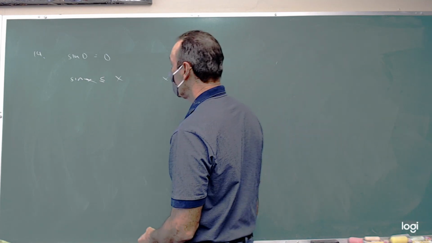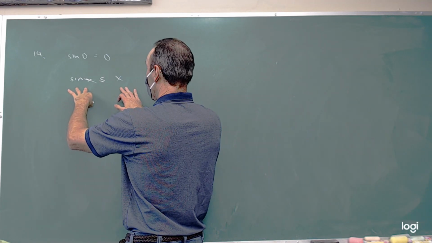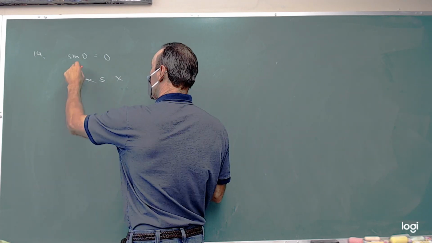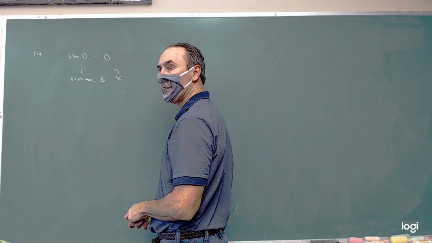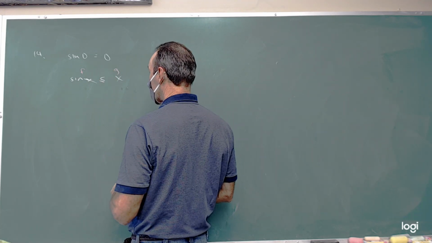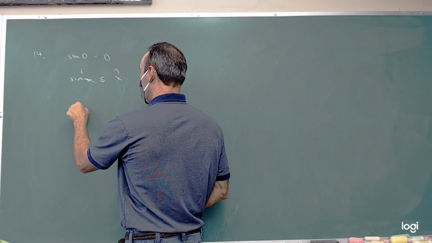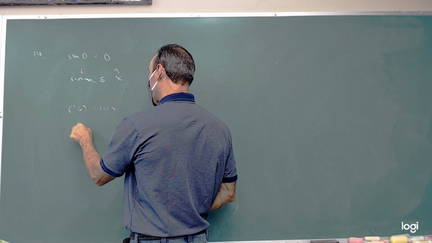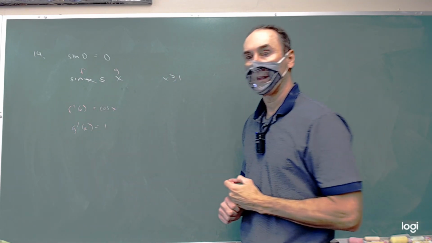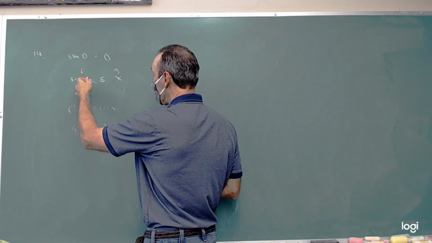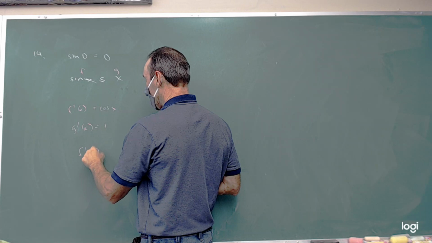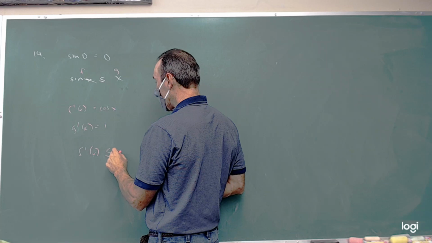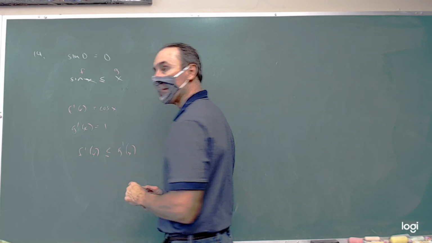Okay. So the idea is we're going to compare these two. And if we look at their derivatives, to make this a little easier, I'm going to call this one f and this one g. So f prime of x is the derivative of sine, which is cosine, and g prime of x is going to be 1. The biggest cosine can ever be is 1, so f prime is always going to be less than or equal to g prime of x.